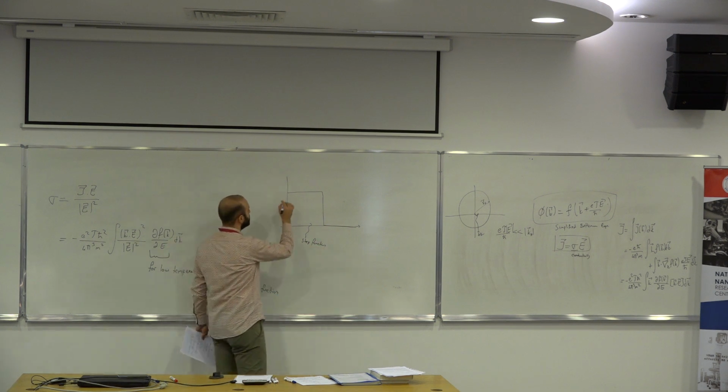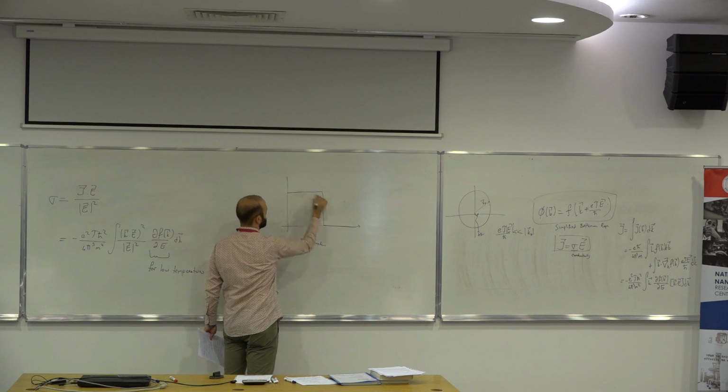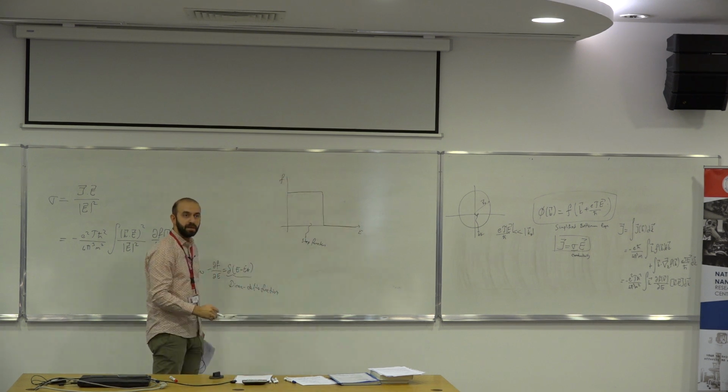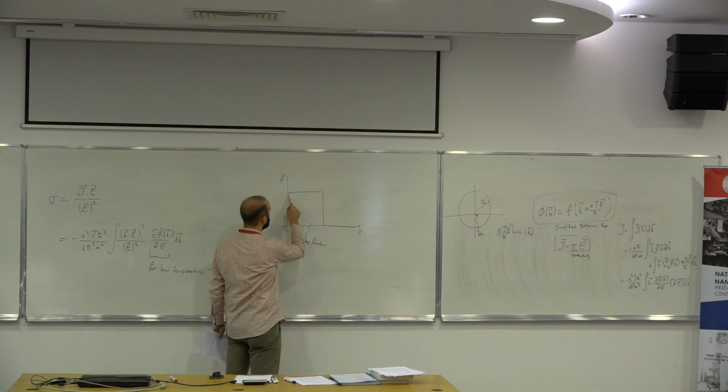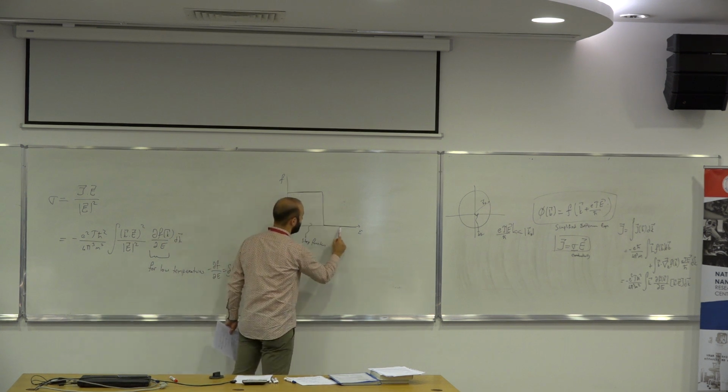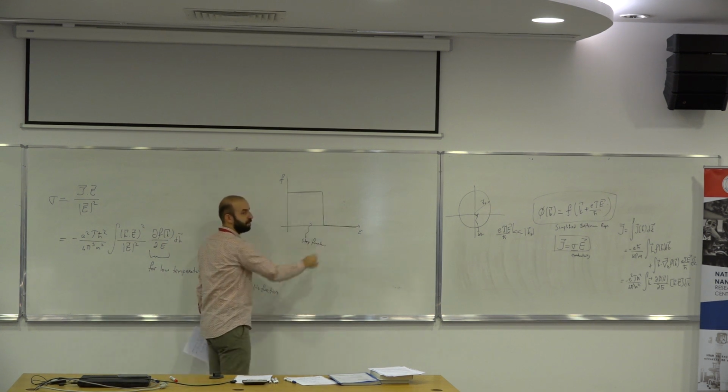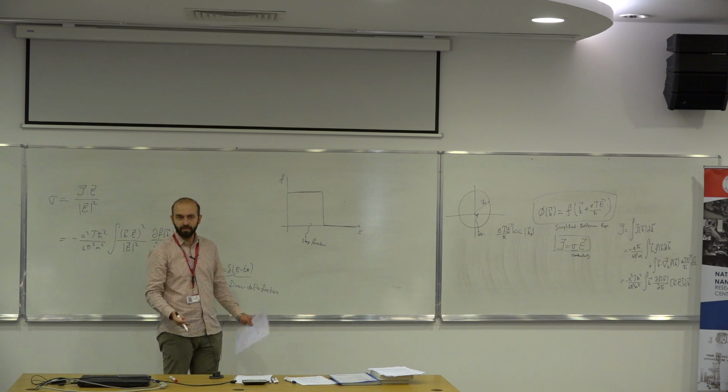Now, if you look at the derivative of this function, this is my energy, this is my f function. If you look at derivatives of this function with respect to E, it will be 0 on both sides of this function.